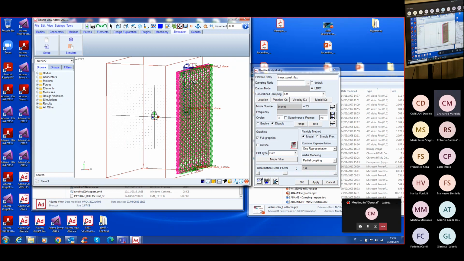So we have to go back to the beginning and completely. Yeah, because you cannot change the content of the flexible body during the simulation using the modal method. When you use the modal method, the data are evaluated at one time and you use this data for the rest of the analysis. Only the damping is changed. Yes, that makes sense.